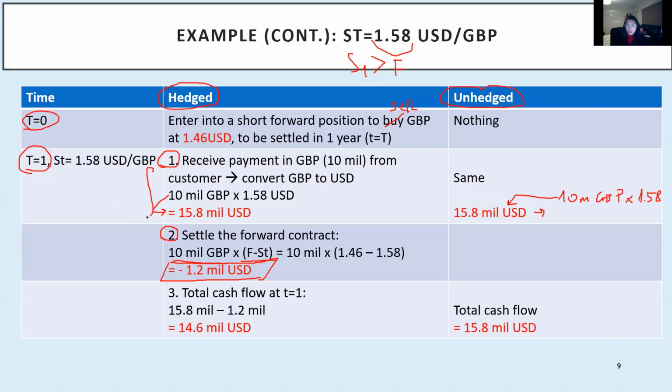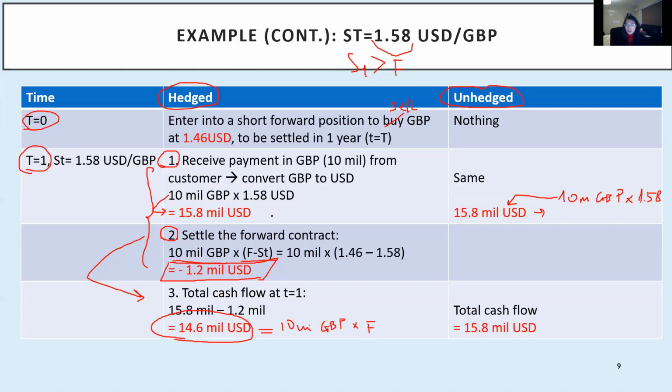So my total position for the hedge case is the sum of step 1 and 2. So I'm going to take 15.8 minus 1.2, and I'm going to get 14.6 again, okay? So in this case, as before, 14.6 is the same as 10 million pounds times the forward rate, okay?